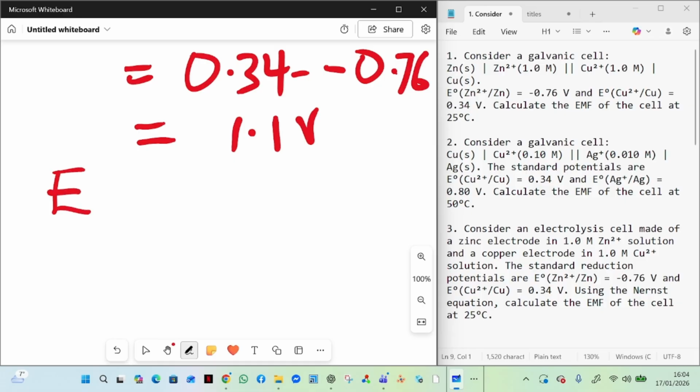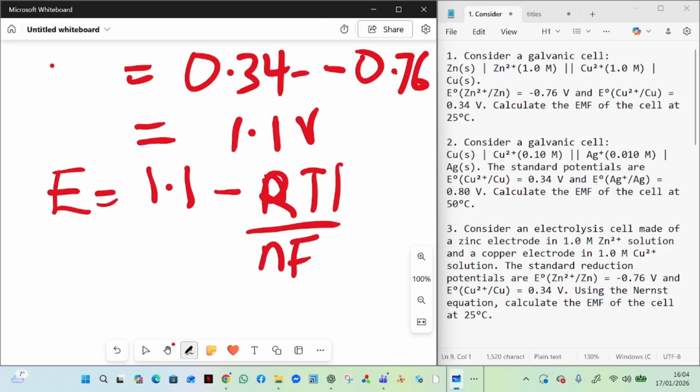E is equal to E naught, which is 1.1, minus RT over nF ln Q. Q is going to be 1 because the concentrations of zinc and copper are both 1, as shown in the question.